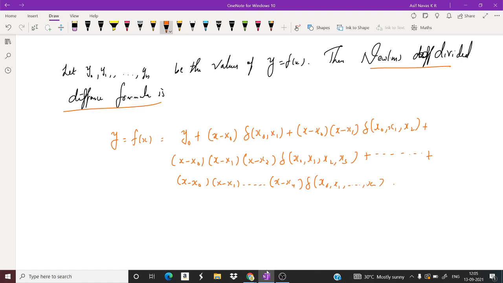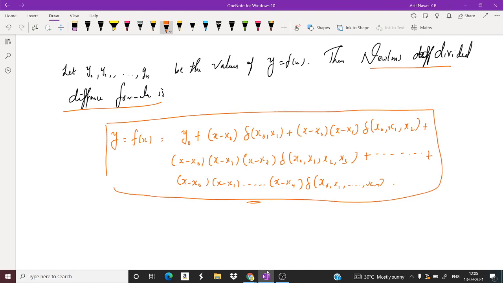So this is an nth degree polynomial. This is the polynomial for approximating f. Now we will do a problem, then it will be very easy.